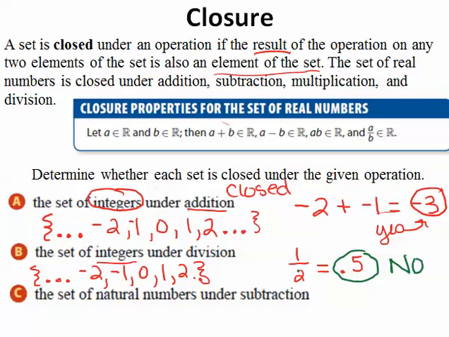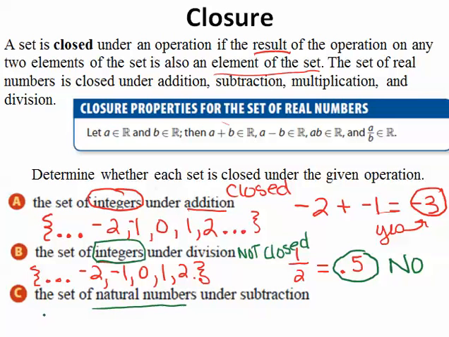And my answer is no. My answer has to be the same type of number because it has to be in this set. So this is not closed. Think of closed being no numbers in, no numbers out. If you get a different type of number, it can't come in because it's closed.